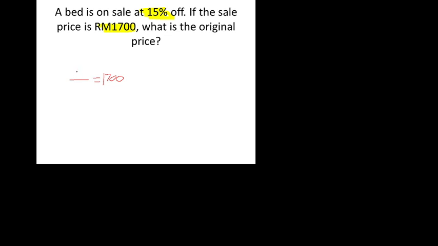So if I have on sale at 15% off, I have something times 100 minus 15, which is 85 over 100. So the X, the original price, times this amount, I get 1700.